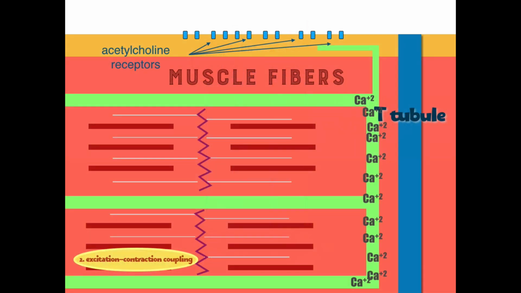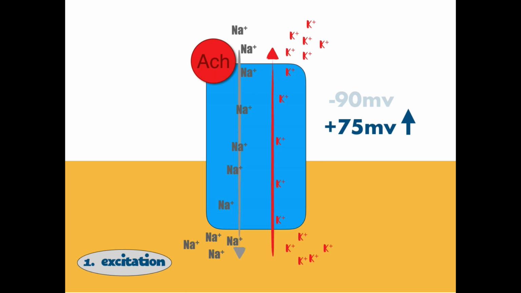Actually, let me back up a little bit. What I don't have shown also is that we have sodium potassium pumps that are not ligand regulated, but they are voltage regulated channels.